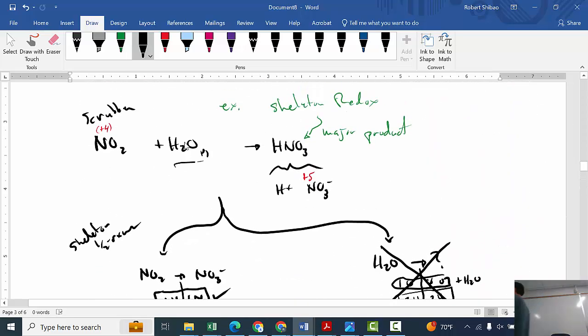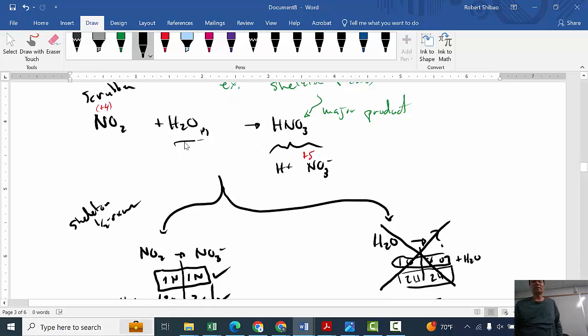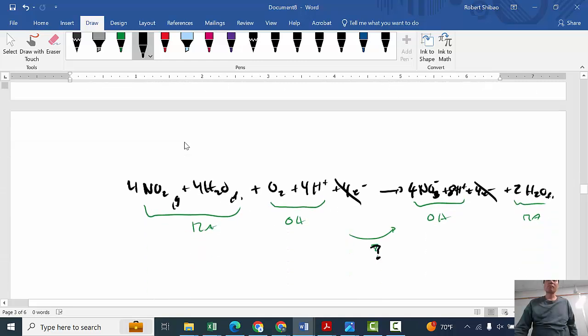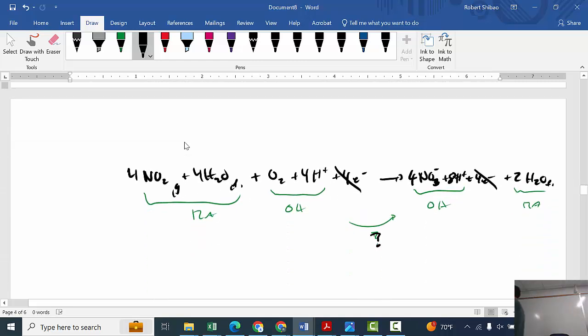If I'm correct that nitric acid is a major product of this, then we know there must be a driving force. If nitric acid is produced, then we could label this. If there's a driving force, then even though NO2 is not on the chart, I know this is stronger. So this would be a stronger reducing agent versus water. This would be a weaker reducing agent.